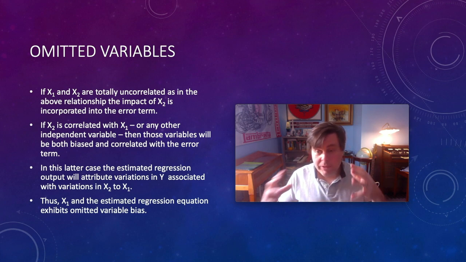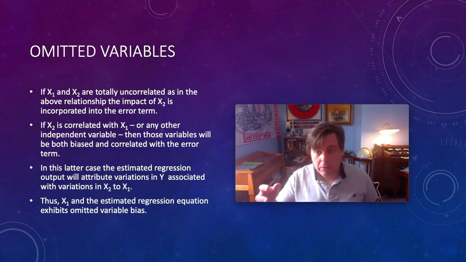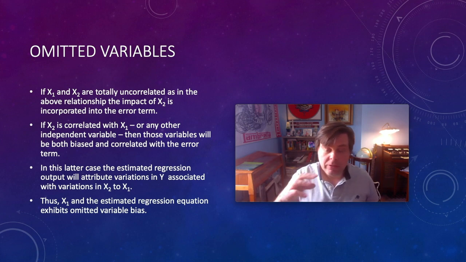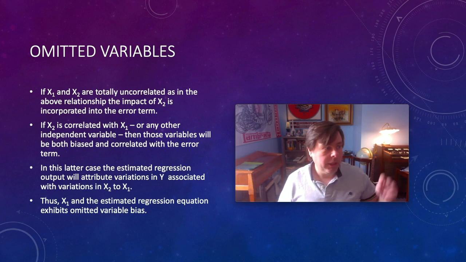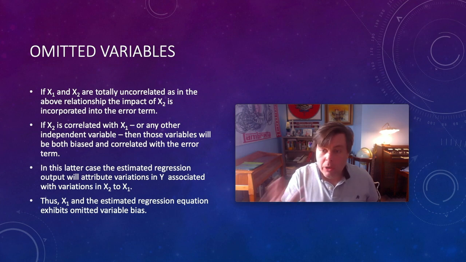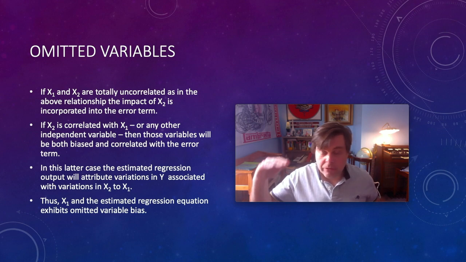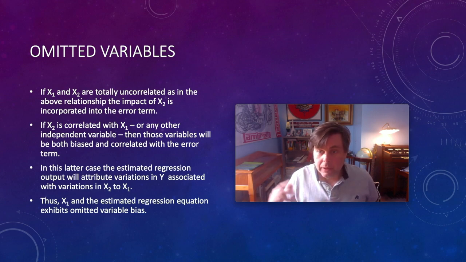Okay, what's happening in that case then is, let's say we omit income, and we explain current spending, y, as a function of wealth. Well, you and I know that current spending is a function of income, and so there's going to be some variation in expenditures that is really a true function of income.